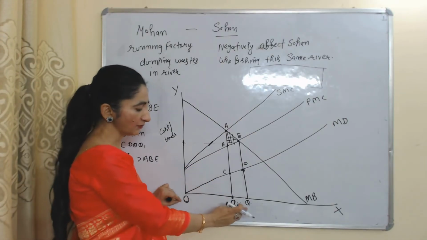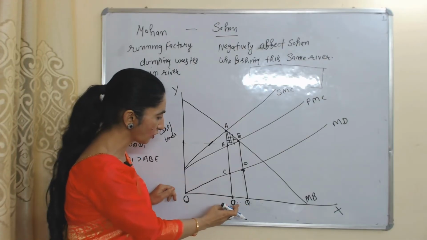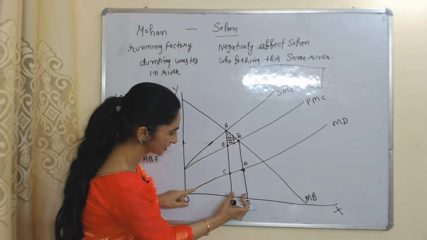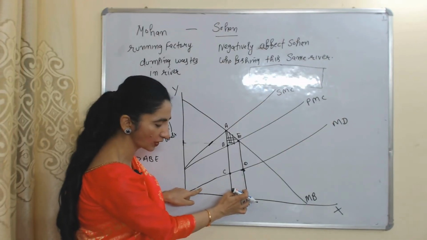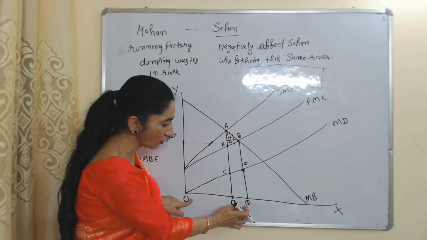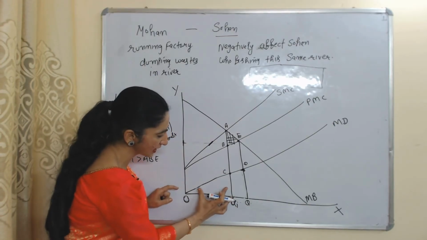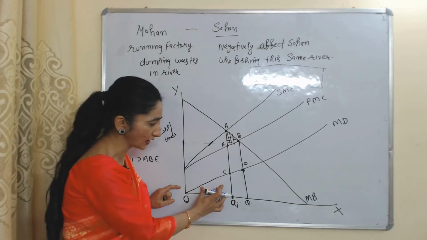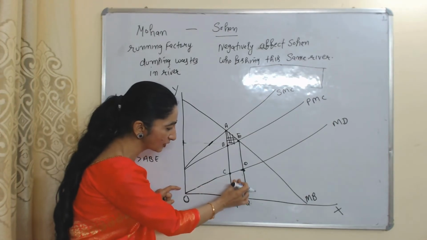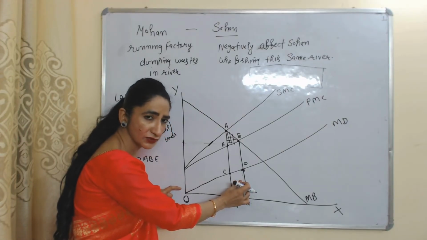Earlier, when Mohan was producing OQ amount of output, the loss of Sohan was this area. Because now Mohan has reduced his output from OQ to OQ1, now this area will be called loss of Sohan. And the remaining part will be called gain of Sohan because Mohan has reduced his production.